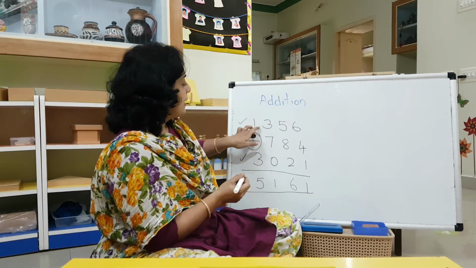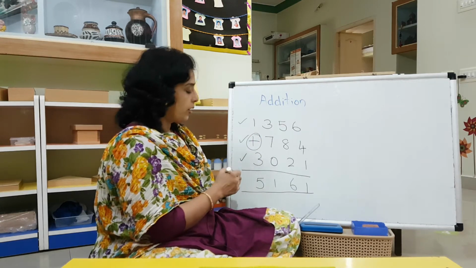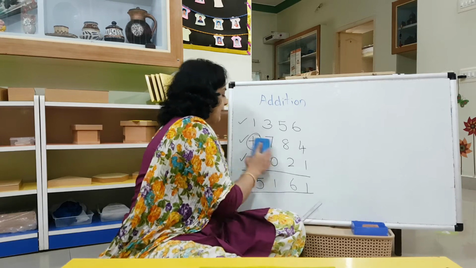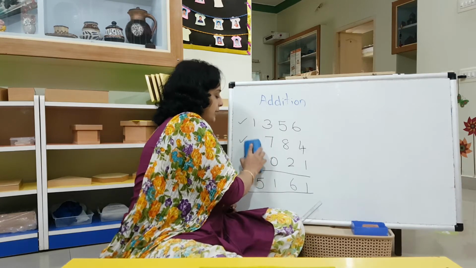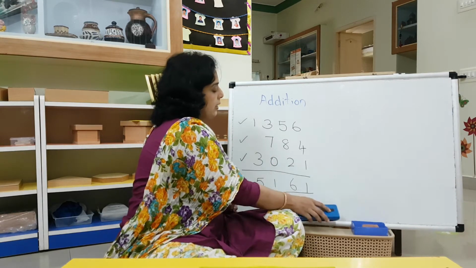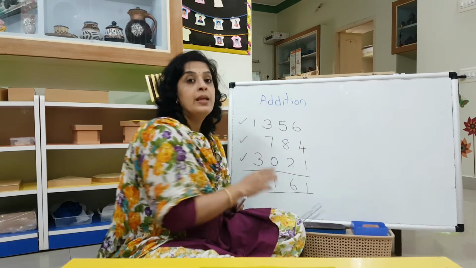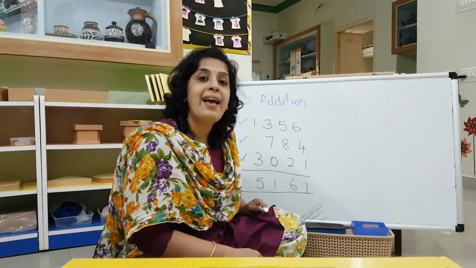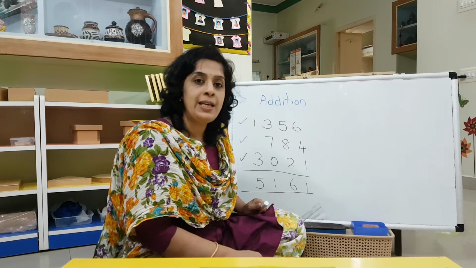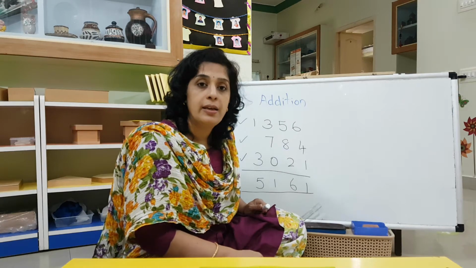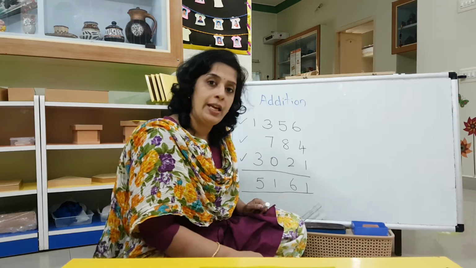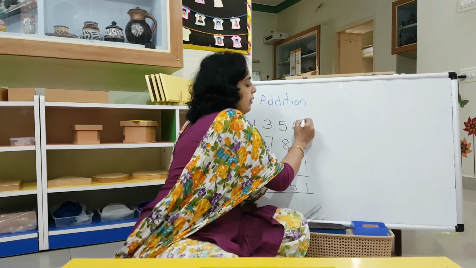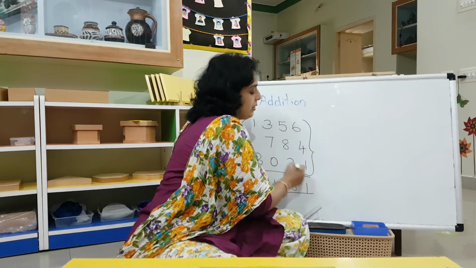Now these quantities, this 1, 2 and 3, are called addends. Will you tell what it is? Addend. Shall I write and show you?